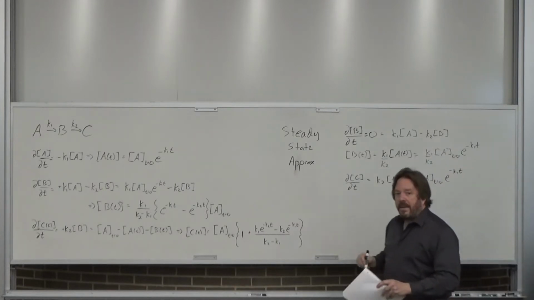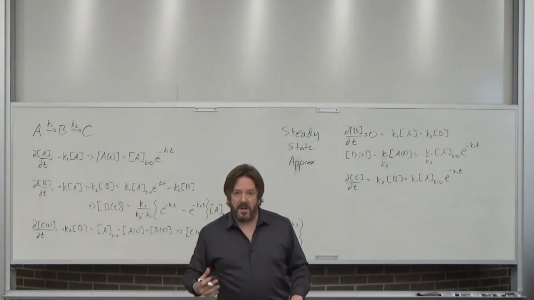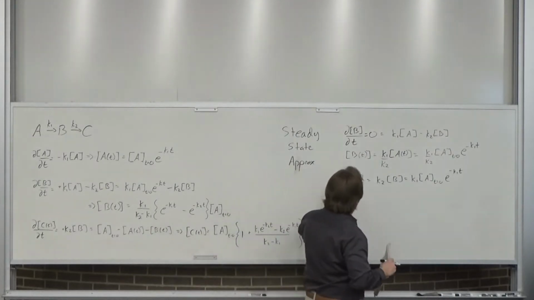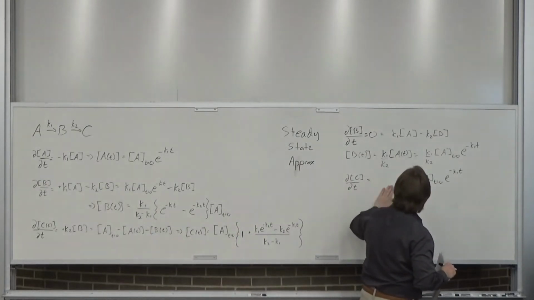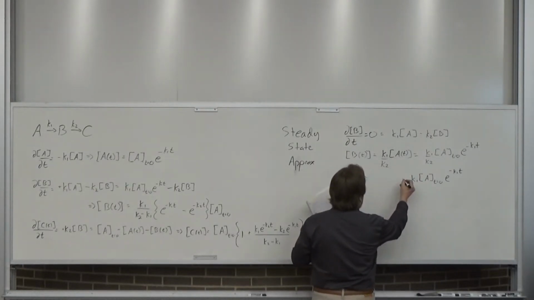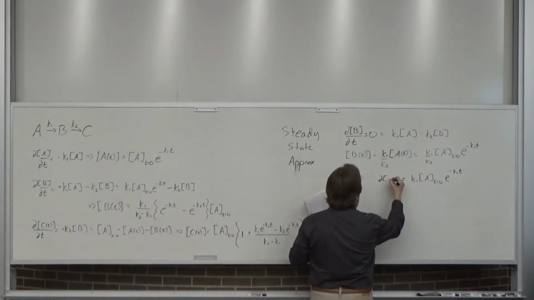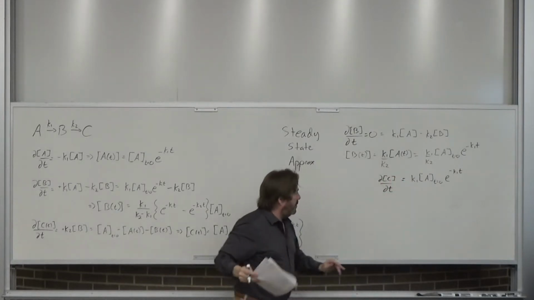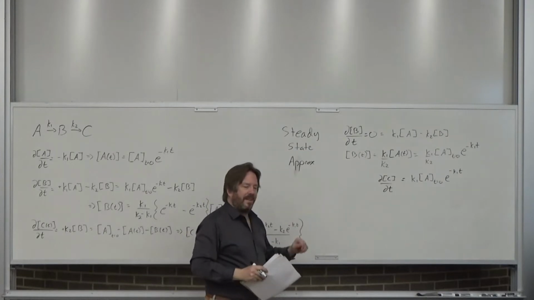Okay. Now to solve for the concentration of C over time, let me do this. I'm going to bring the change in C over here. Okay, so I just established this.